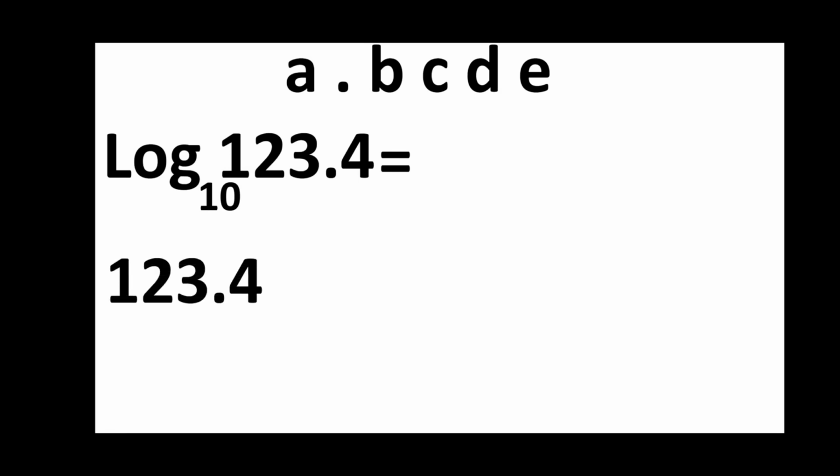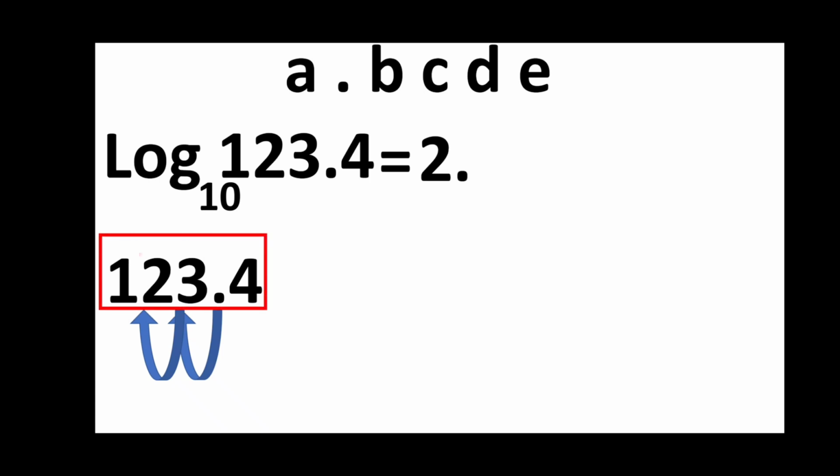Step 1. In this case, the decimal point is after the third digit, and in order to bring it into the form a.bcde, we have to move the decimal point backward by 2 positions. Hence, our characteristic is 2. Step 2. Now again make 3 groups, and let us refer to the logbook.